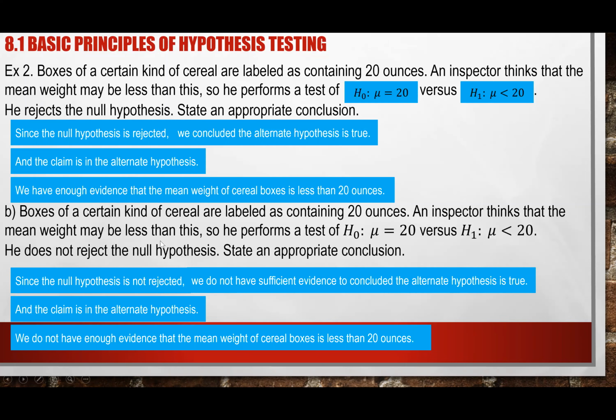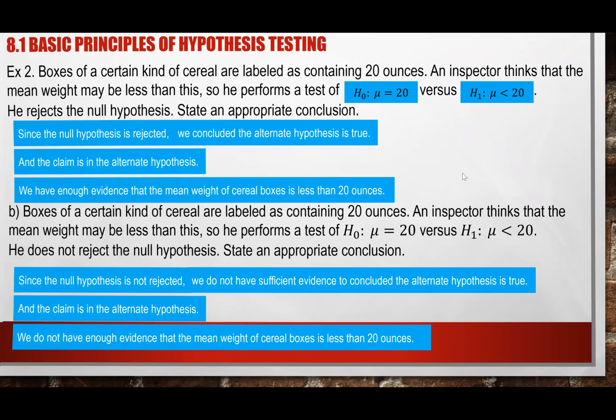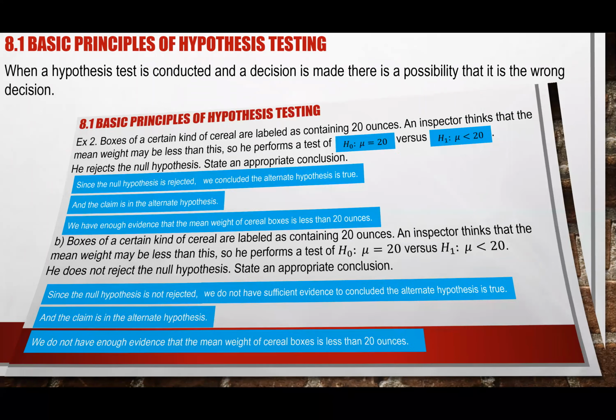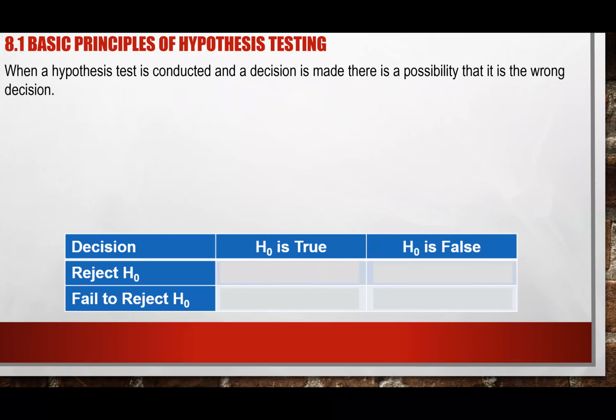All right, so now let's take a look at the last thing we have, which is probably the hardest thing to grasp. When we do this hypothesis testing, there are some consequences that will happen when we make this assumption. Let's take a look at this. This is your decision, right?